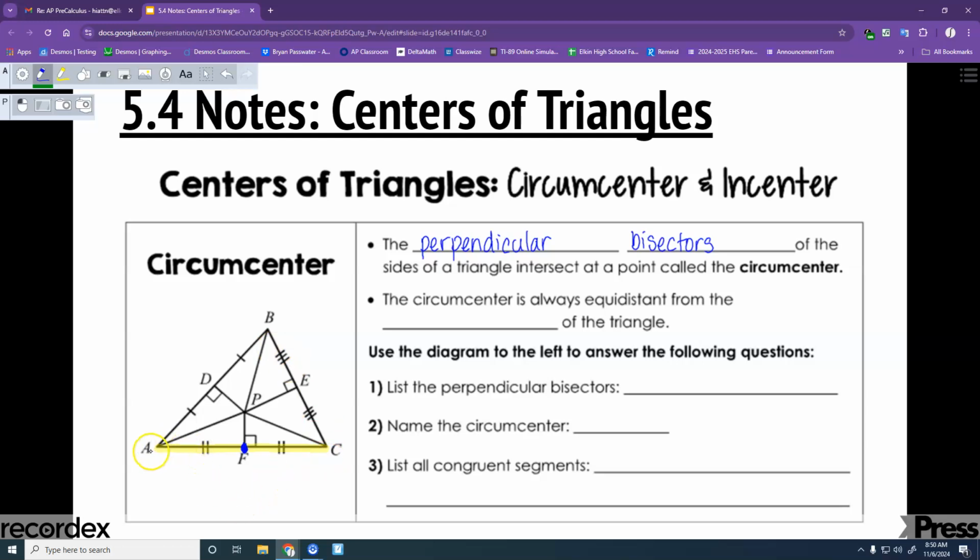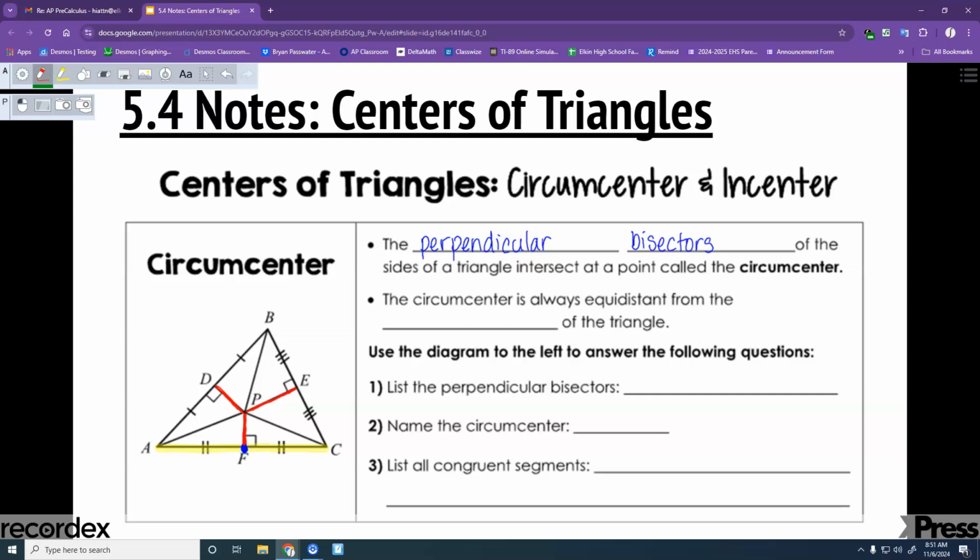So what we have here, this side is cut in half by this line right here. And that line is perpendicular, right? So perpendicular means that we form what kind of angle? Right angle. So this piece right here is a perpendicular bisector. This piece right here would be a perpendicular bisector. And this piece right here would be a perpendicular bisector.